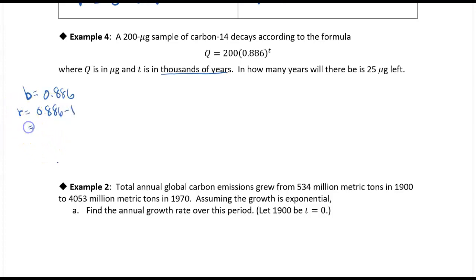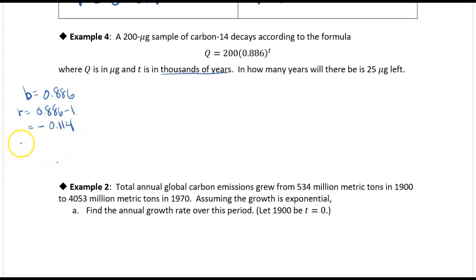Okay, so r is equal to a negative 0.114. Okay, so now what are the units of that decay rate? Okay, now that's in a decimal. We could also say that this is negative growth, which means decay, so positive decay.